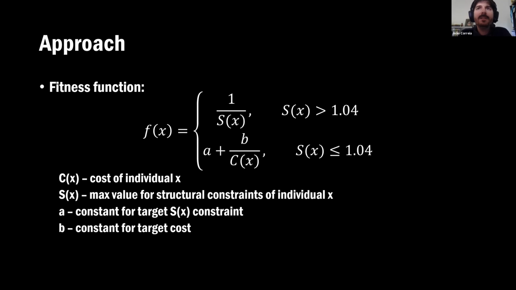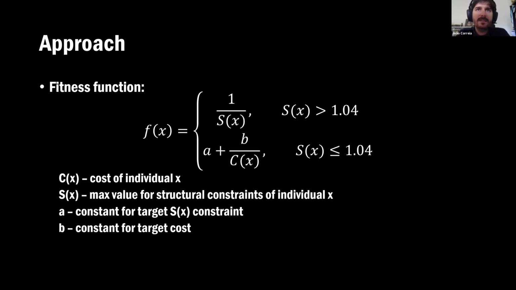For fitness, since we have two constraints or two objectives in mind, we tried a simple approach where we basically want to minimize one part first, and then we try to minimize the other.